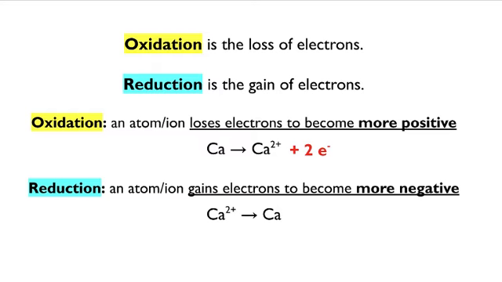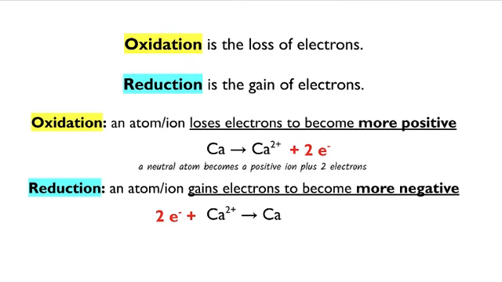So I would write the 2 electrons as a product because after the oxidizing process, after the reaction, the 2 electrons are now free. They are no longer associated with the calcium atom. Opposite, with reduction, we are taking 2 free electrons from somewhere else and adding them to the calcium ion to reduce its charge, and make it neutral calcium.